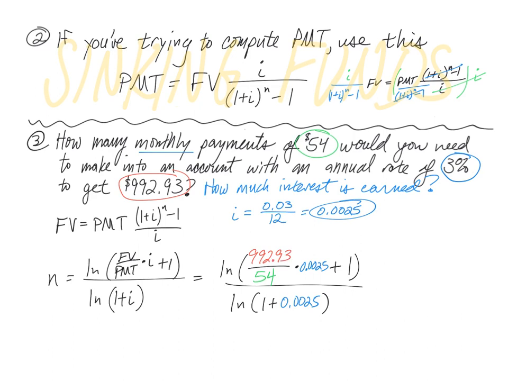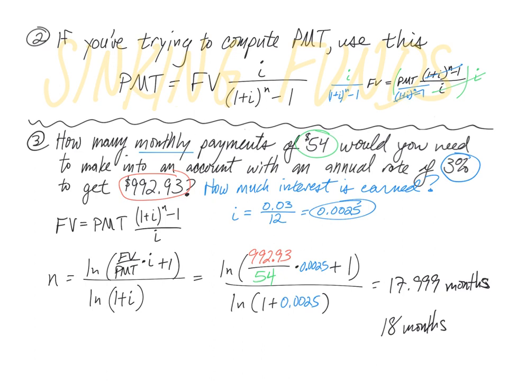So you can substitute all of this into a calculator to get 17.999 months. And we would generally round this up to the next whole number because that is something you have to do. That's how time works with finance most of the time, we just have to round up to the next whole number of months. So this would take 18 months to save for that $992.93.